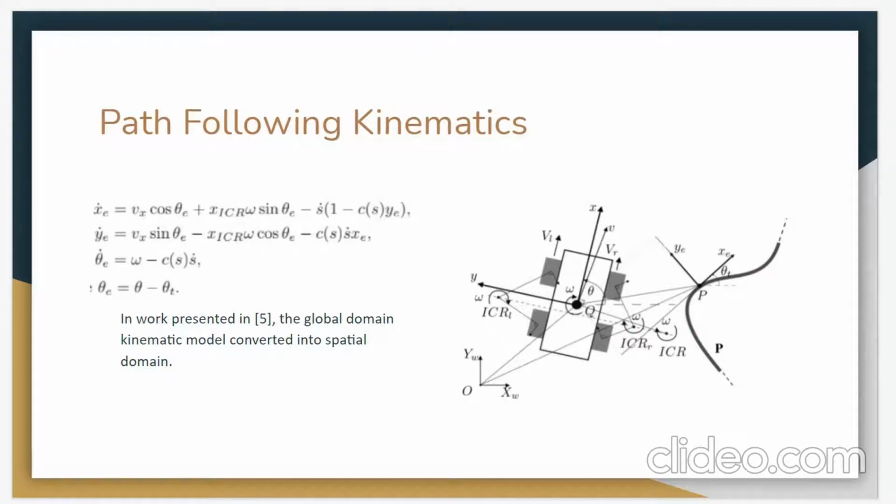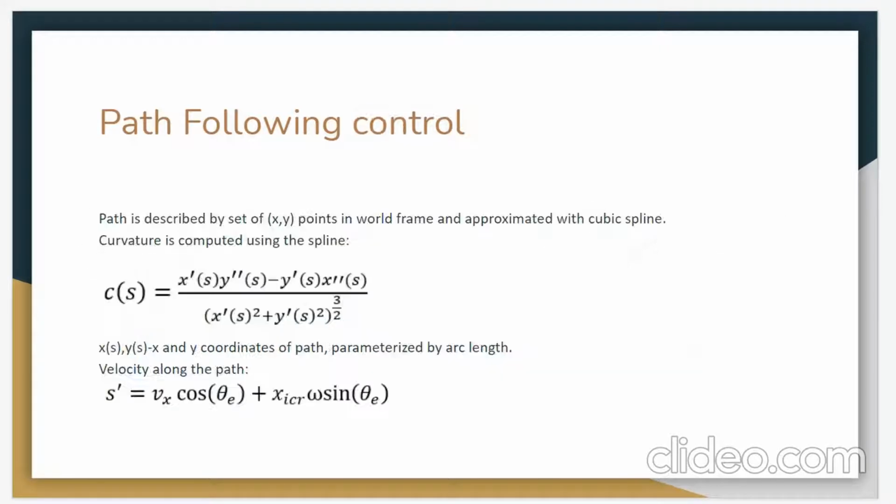With this formulation, the robot can be made to follow a path by simply setting the targets for error coordinates as 0 and target for velocity along the path to some finite velocity.